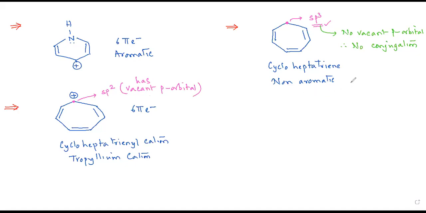Of course, even in this also you got 6 pi electrons, but because of the problem with conjugation, because there is no proper delocalization, this one is non-aromatic, whereas this one is aromatic. This is very important. Tropylium cation.